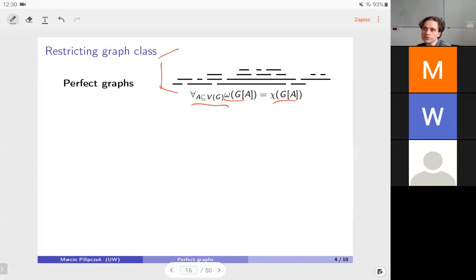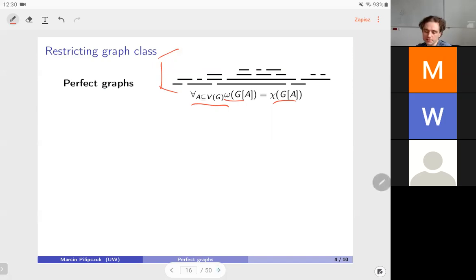So what you really want to check with interval graphs is that you can color them with omega of G colors. Because if any interval graph can be colored with omega of G colors, then interval graphs are perfect graphs, because an induced subgraph of an interval graph is still interval, so it can be colored with omega of the subgraph colors.